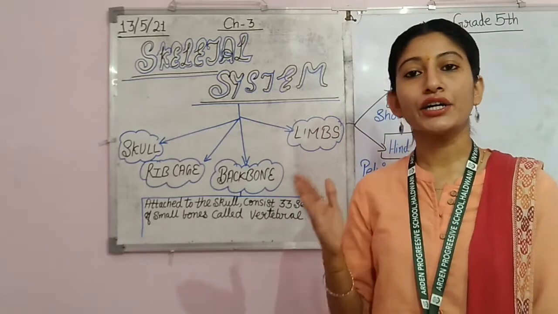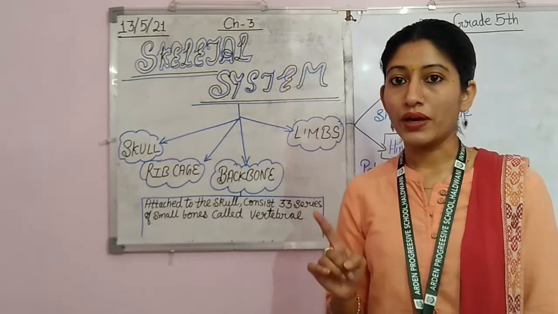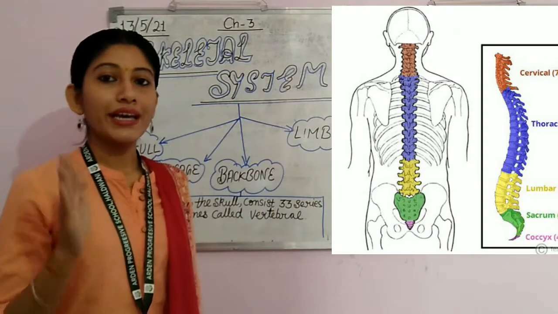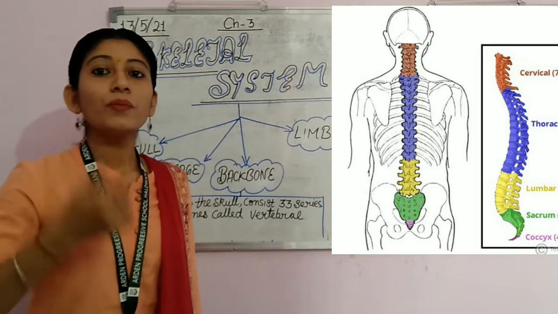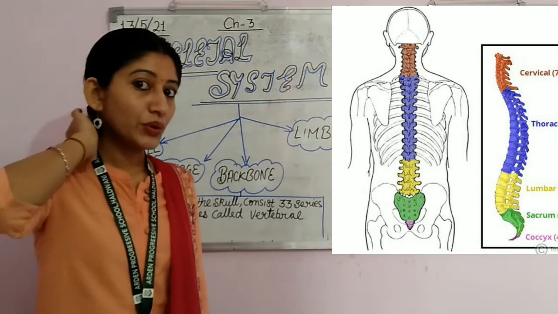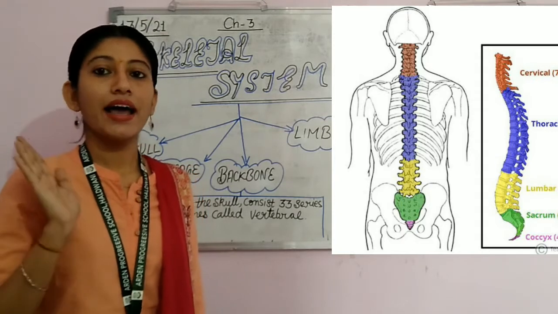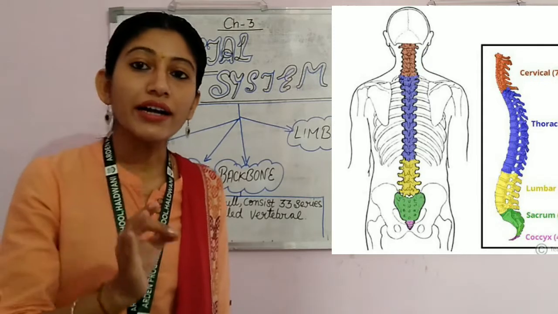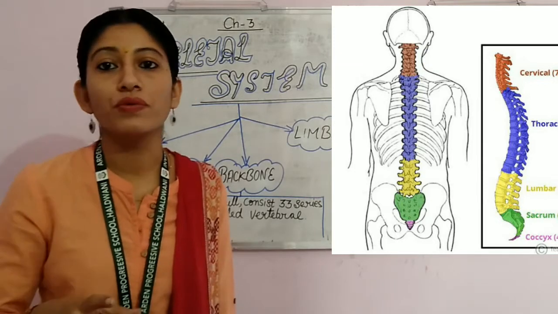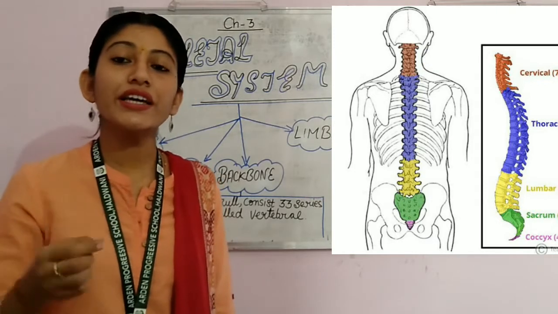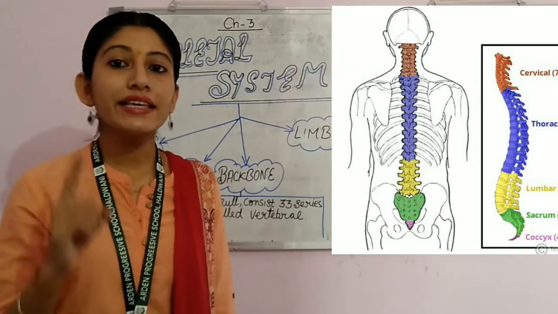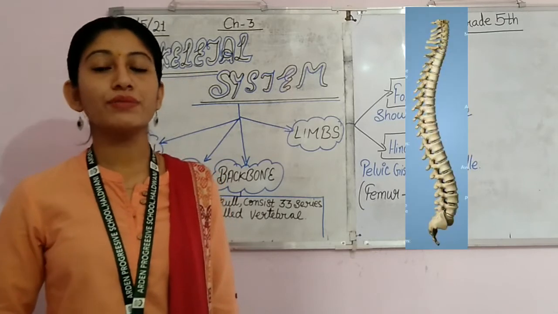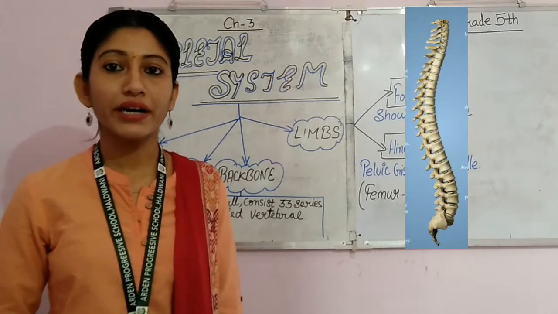Okay, what I told you is that the backbone is a long bone that is connected to our skull area, and it consists of 33 small bones, and these small bones are called vertebrae.